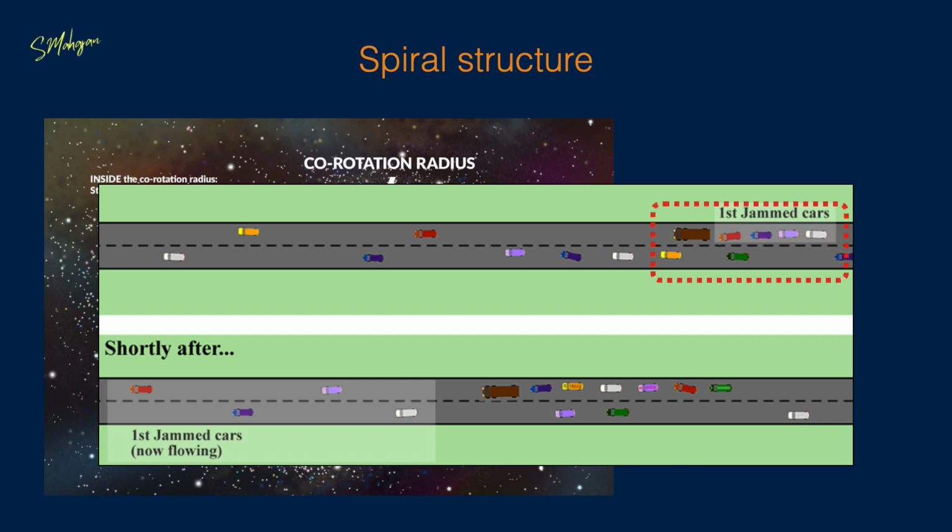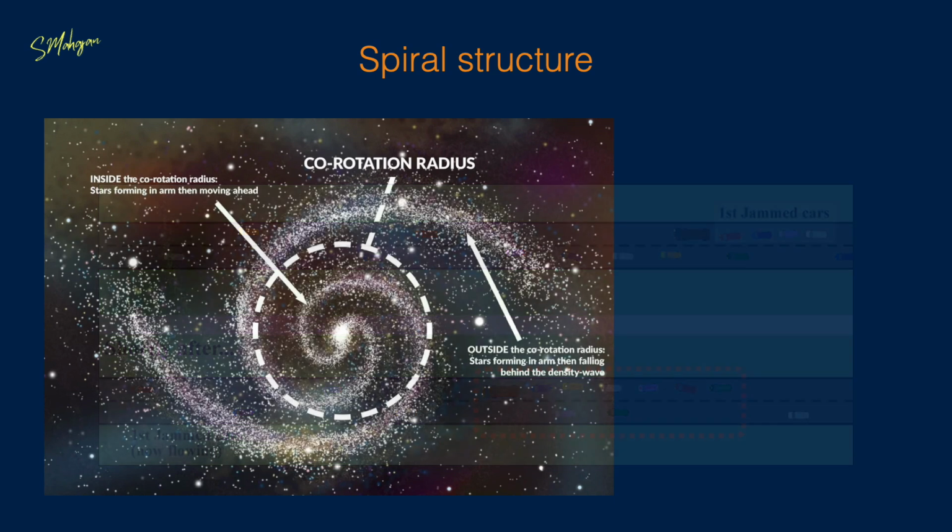While the traffic knot remains a slow moving feature on the highway, the individual cars continue to move in and out of it. Similarly, the spiral structure is a knot of high density region moving through the disk of the galaxy where gas continues to compress and form new stars.